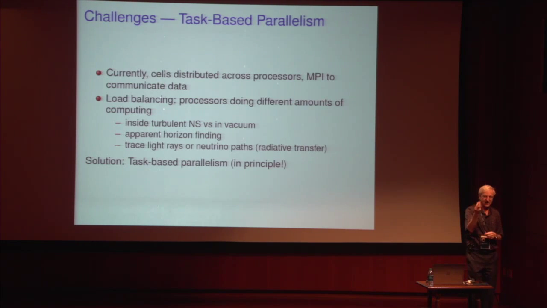So what you do is you set up a master controller processor which has the list of tasks, and when you have an idle processor, you assign the task. So you ship out your tasks. So while this task of sending data to some distant processor is going on, other useful work can be done. You're not sitting waiting for some information to arrive. So with task-based parallelism, you have the hope of being able to scale again to large numbers of machines.